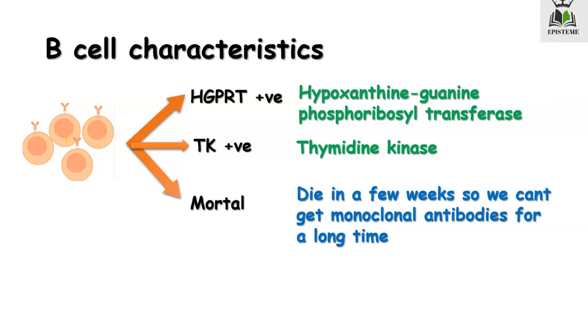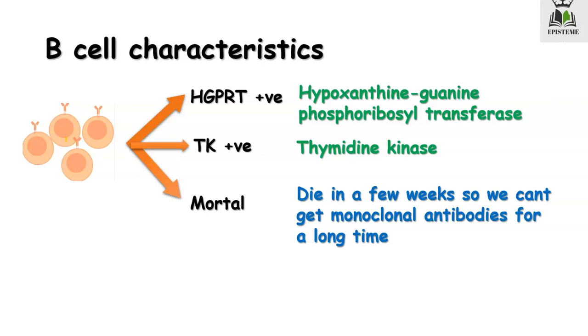These B cells have the following characteristics. They are HGPRT positive, that means they produce the hypoxanthine guanine phosphoribosyl transferase enzyme. They are TK positive, that means they produce the thymidine kinase enzyme, but these cells are mortal in nature.